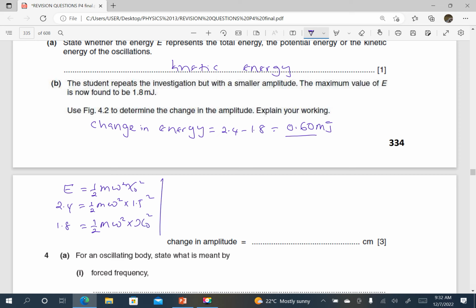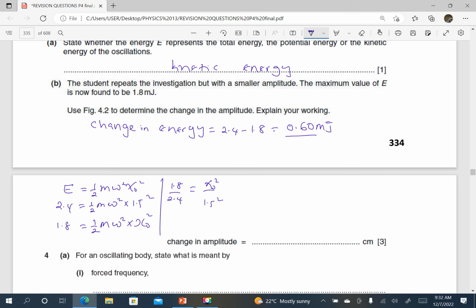So I'm just going to divide these two equations. So I will have 1.8 divided by 2.4 is equal to x naught squared divided by 1.5 squared. So I'm getting the new amplitude when the energy is 1.8.